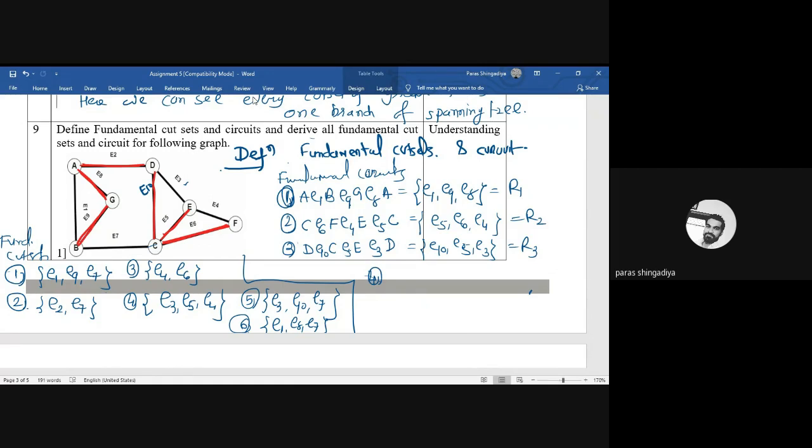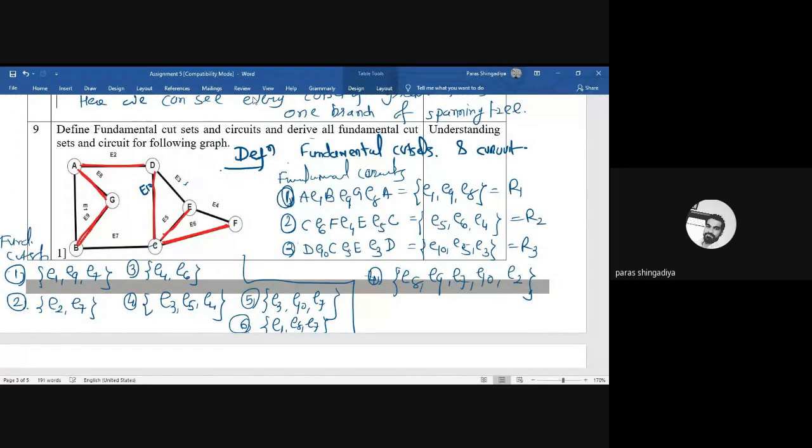Use the five vertices A, G, B, C, D, A. A to G, then B, B to C, C to D, and D to A. So all four edges, this red line, are branches, and the only chord is E7. So these edges are E8, E9, then E7, E10, and E2.